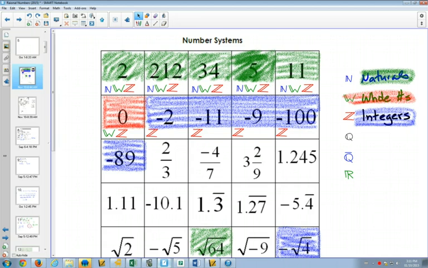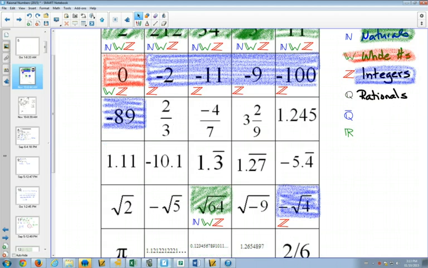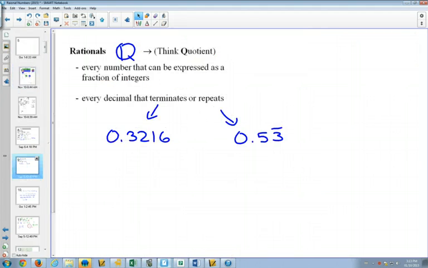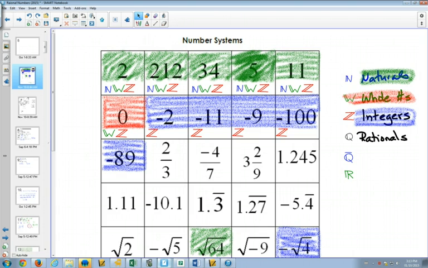A black marker, maybe. If we go to rationals in our notes, rationals are every number that can be a fraction and every number that terminates or repeats. Decimals work. So let's go to a new color. Any fraction.